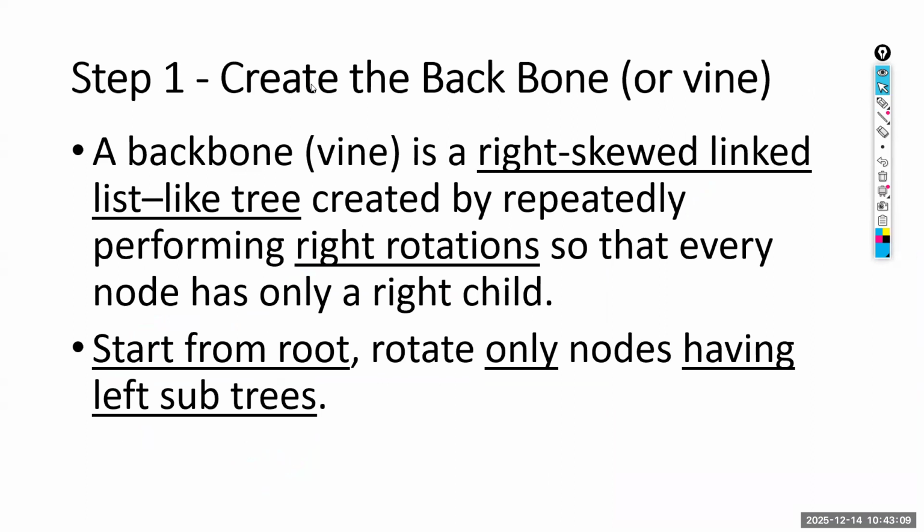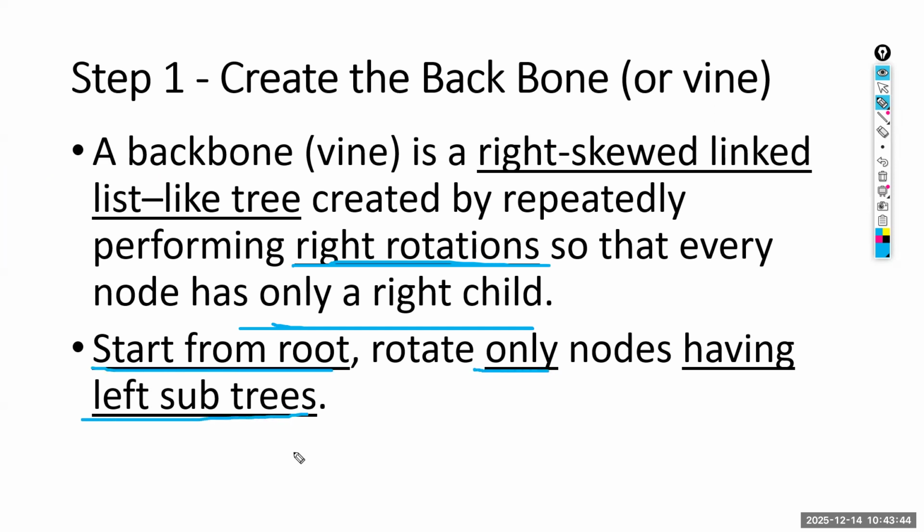So step number one is creating the backbone or the vine. That means it's a right-skewed linked list, where every node has only a right child. So how to do this? You keep performing right rotations so that every node has only a right child. You start from the root and rotate only nodes having left subtrees.